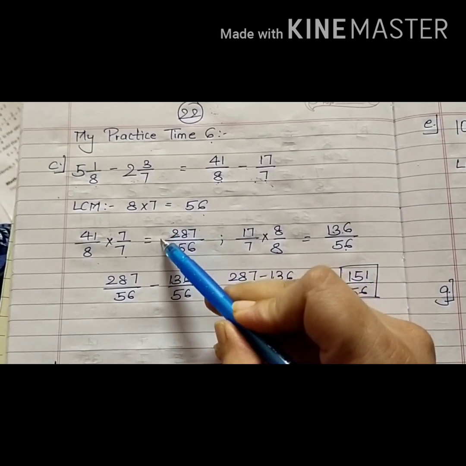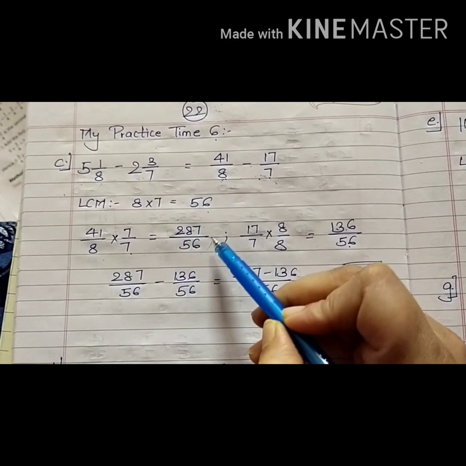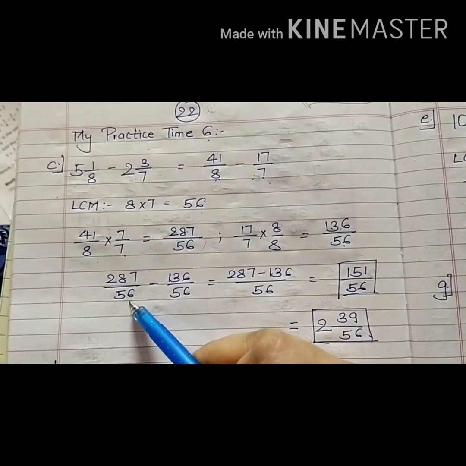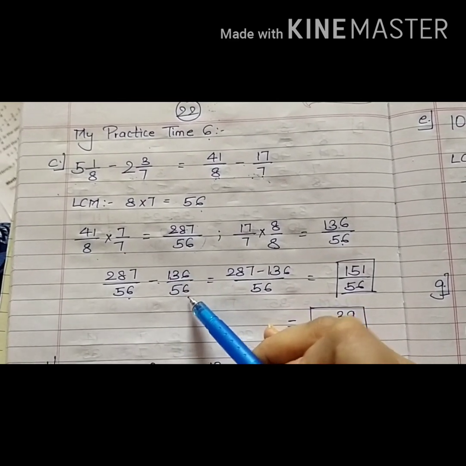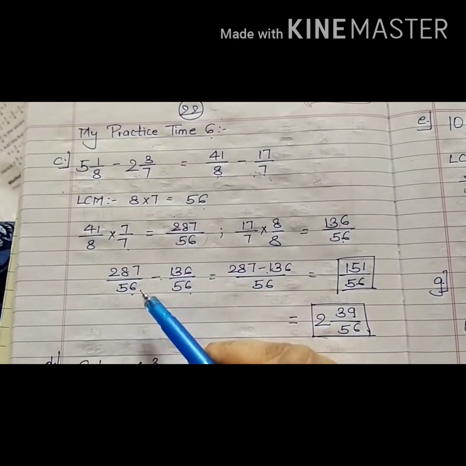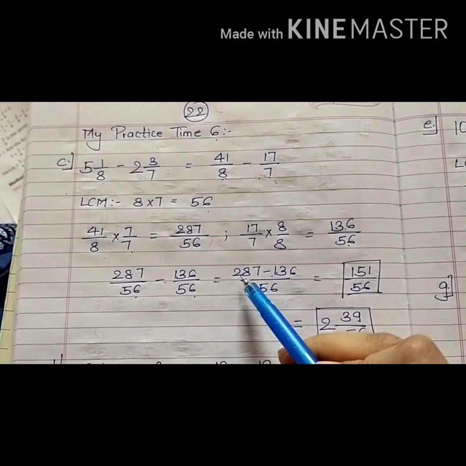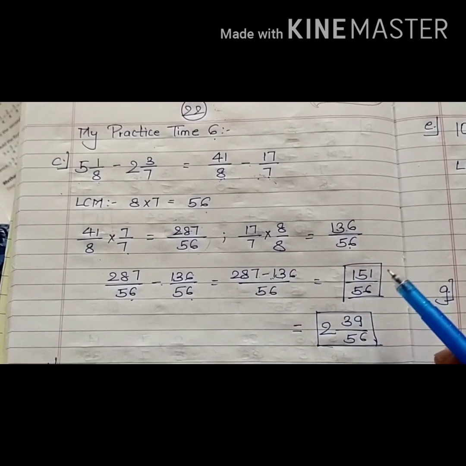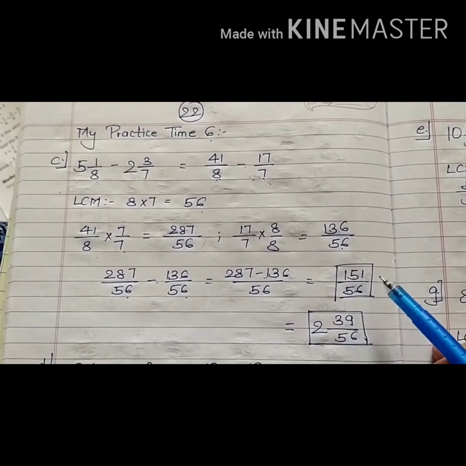Now I subtract: 287 upon 56 minus 136 upon 56. So 56 will be written only once because the denominators have become equal. I subtract 287 minus 136, I get 151 upon 56.